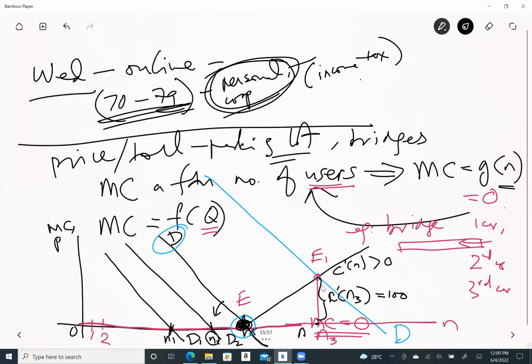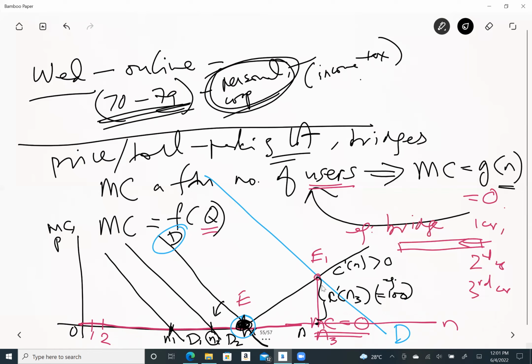But after that, congestion will arise, and given the demand function D, the congestion is given by the marginal congestion cost C prime N3. Suppose it's 100, just as an example, so that we can imagine a certain number.